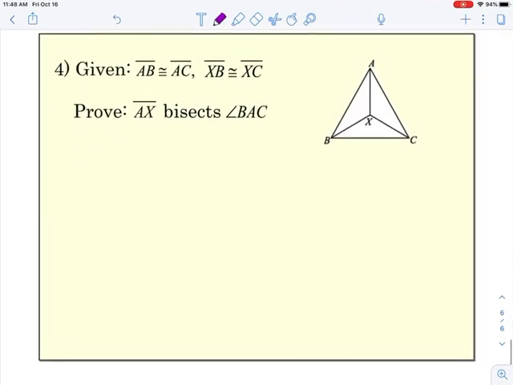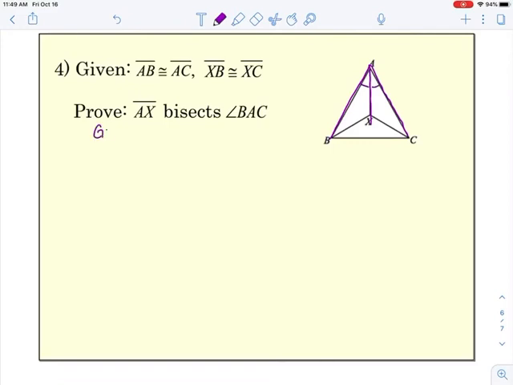One more and then we're done for the day. So given that AB is congruent to AC and XB is congruent to XC, I want to prove that AX bisects angle BAC. Okay, so again, if I want to prove that AX bisects angle BAC, I have to prove that those two angles are congruent.